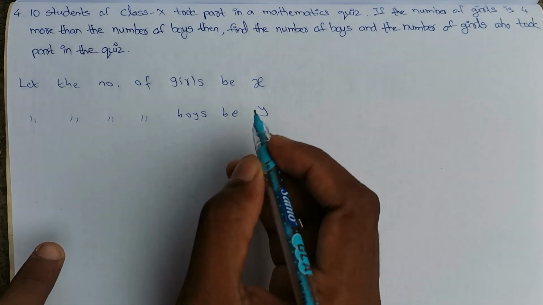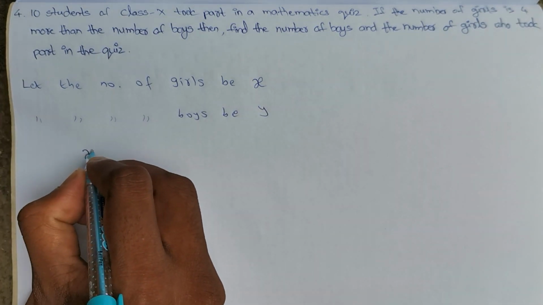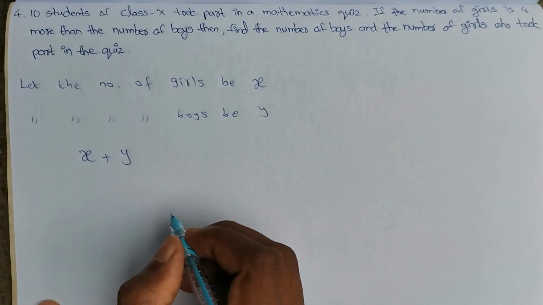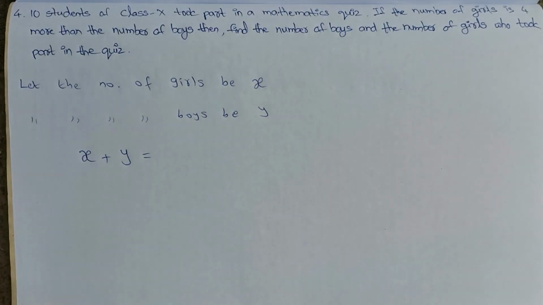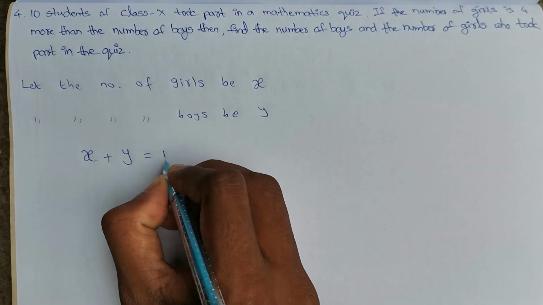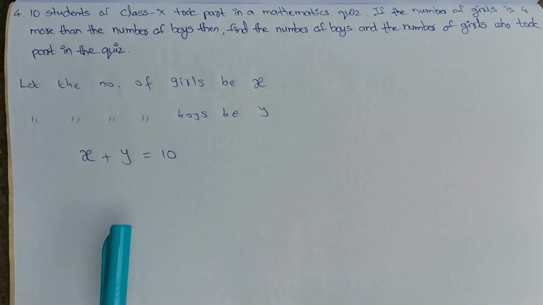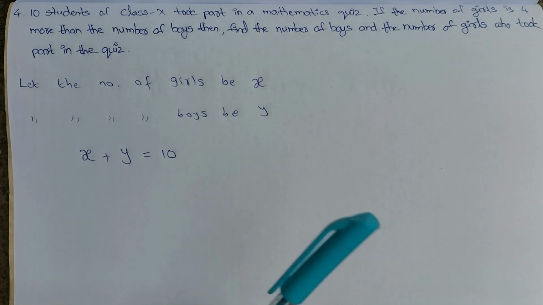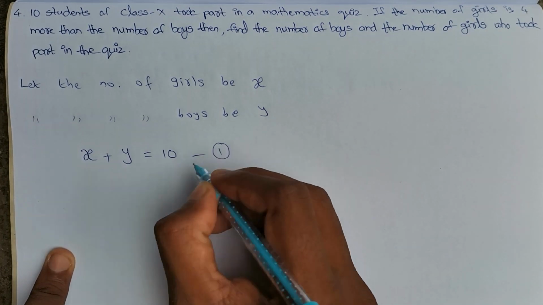So it means the number of girls plus the number of boys is equal to total students. Those are 10. Number of girls plus number of boys is equal to total students, 10. So this is equation 1.